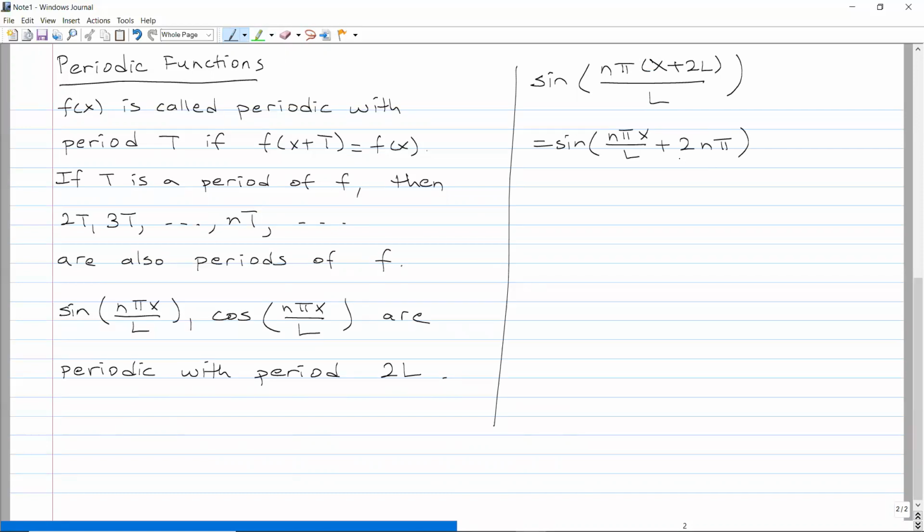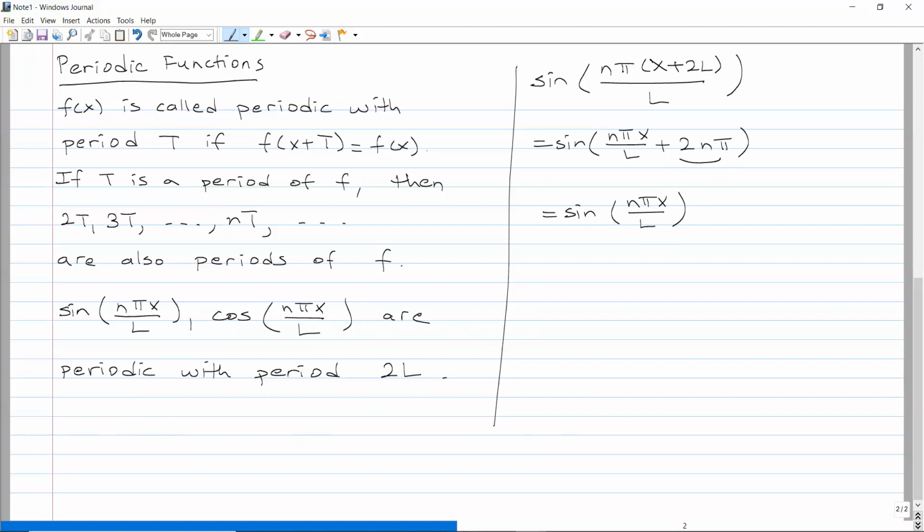But we know that 2 pi, and so 2n pi, is a period of sine. So this is the same as sine of n pi x over L. So 2L is a period, same for the cosine function. So these functions are periodic with period 2L.